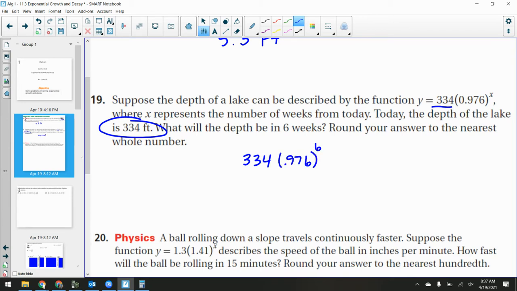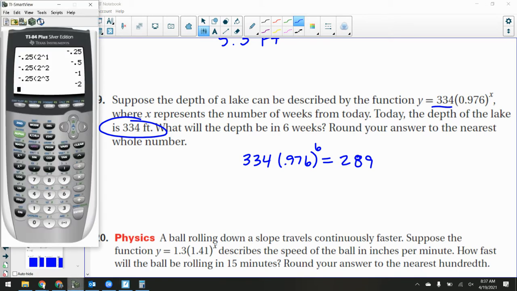Let me pull a name here. Let's see. Who's the lucky one? Ben, what would be my answer there for 19? 290.3. I got 289. Well, at least that's what the book gives. You got 289, 334 times... maybe you just mistyped the 6th power.